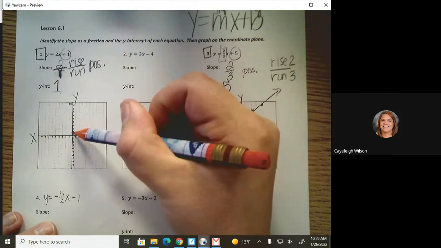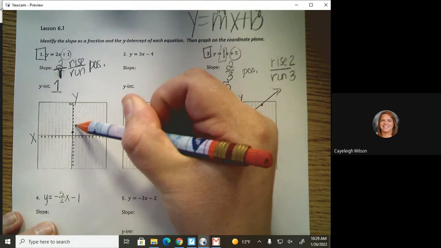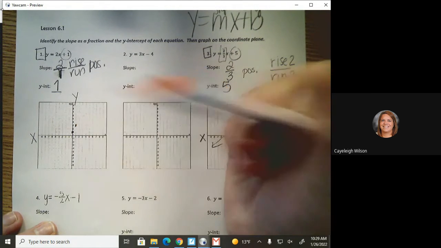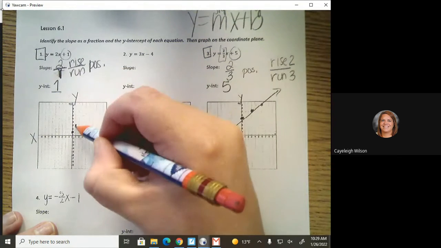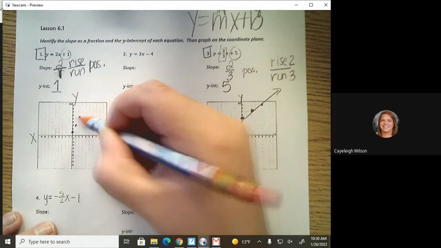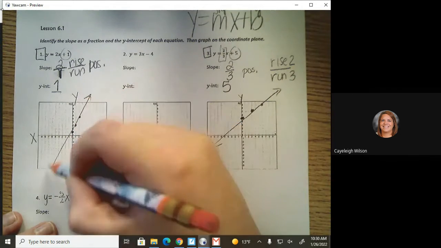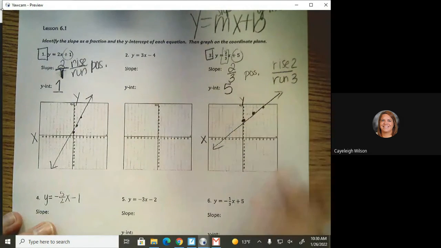So I'm going to rise up 2, 1, 2, run 1. And I can count that again if I want. Rise 2, run 1. There I am. All right, why don't you all do number 2?